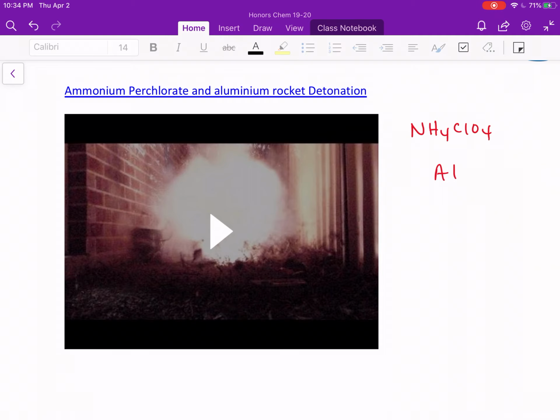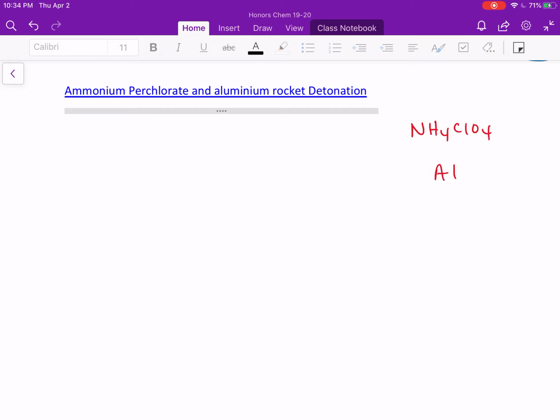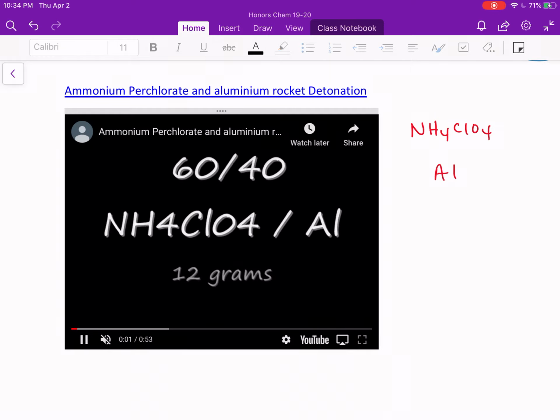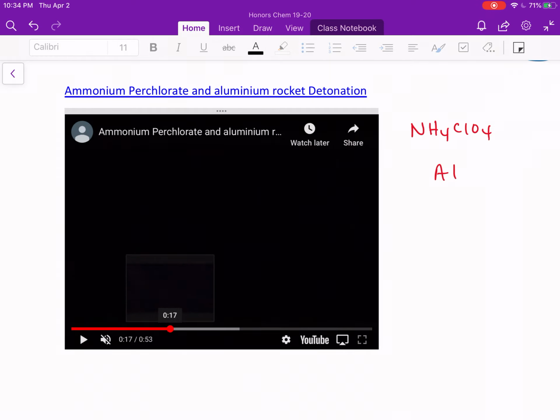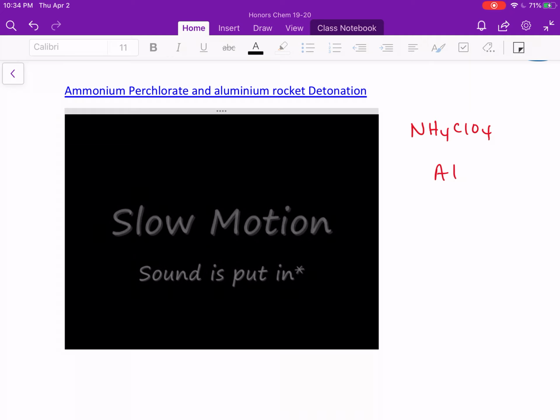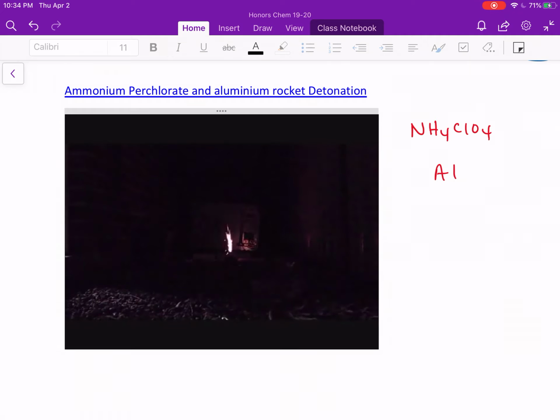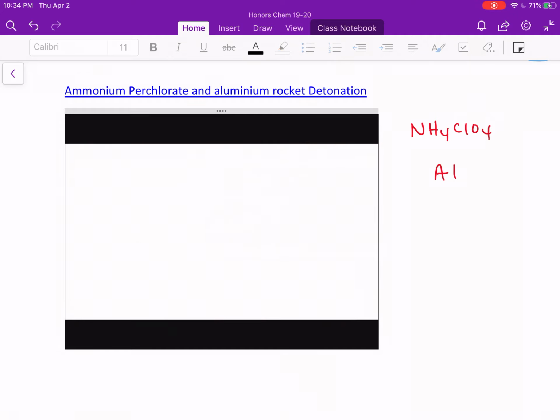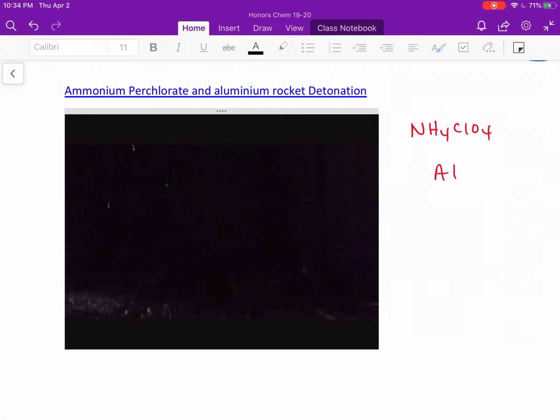And so if we take a look at this reaction, I'm going to speed it up so we can see it here, because it works a little bit better. It's an exothermic reaction, and it's a really violent reaction. They actually use it for rocket fuel.